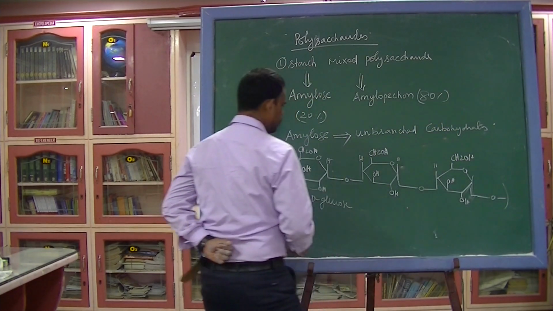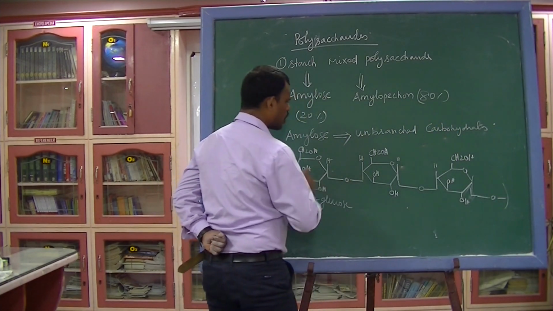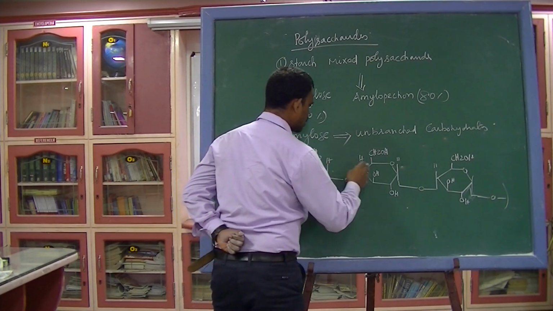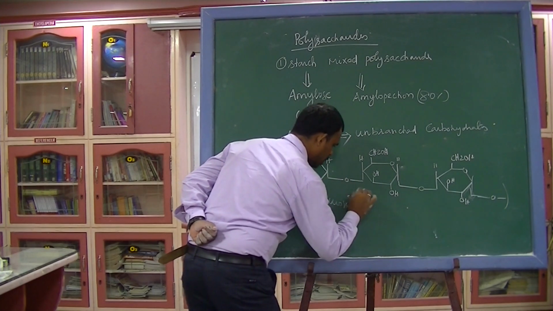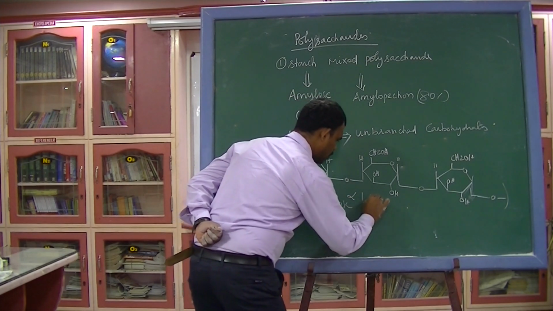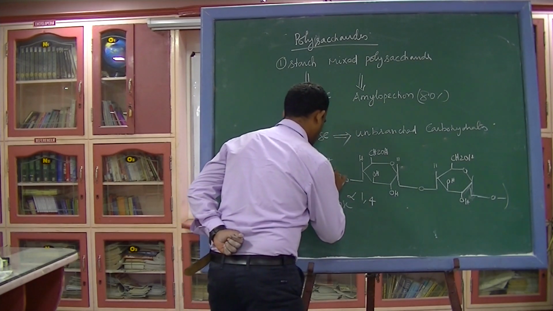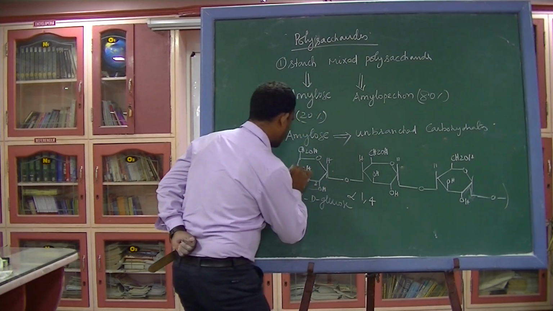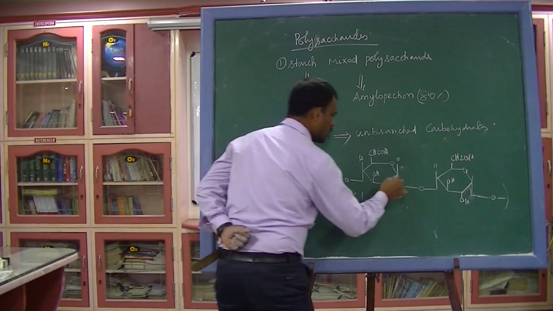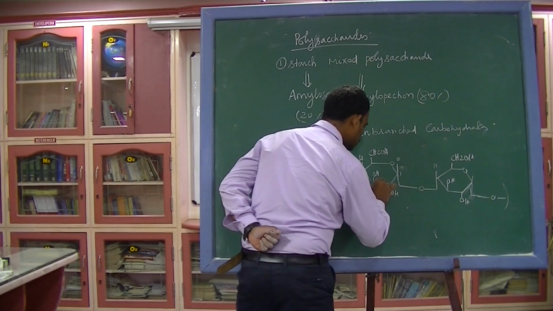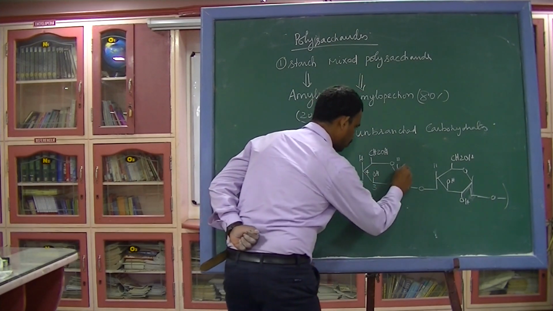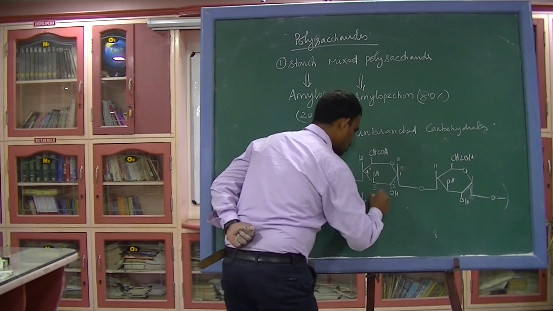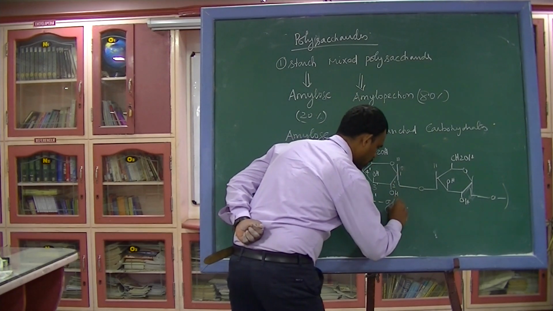So one unit and the next unit are connected. Again this is alpha 1,4. This is 1, 2, 3, 4, 5, 6. This is 1, 2, 3, 4. So this is an alpha 1,4 glycosidic linkage.